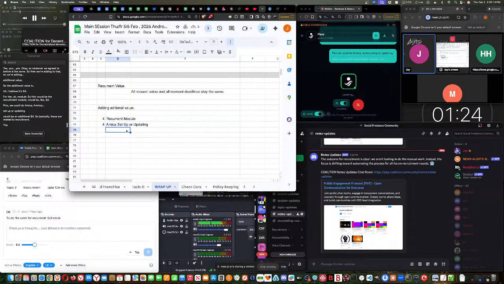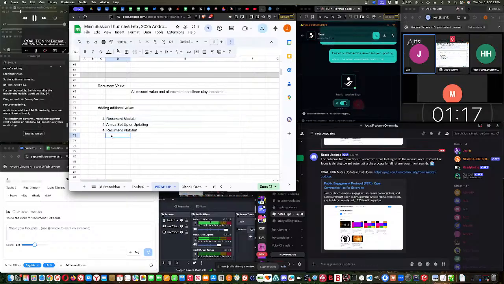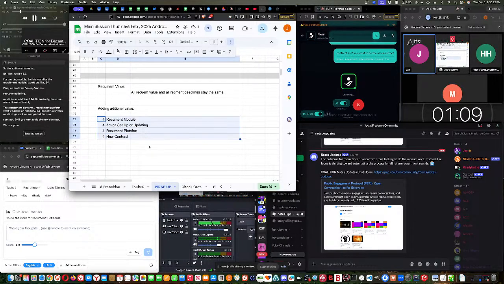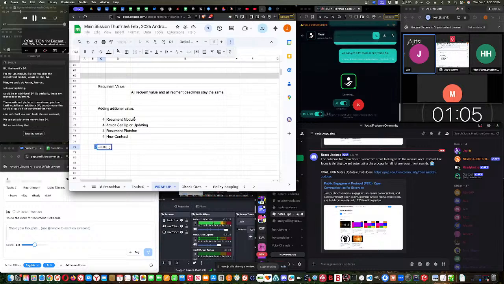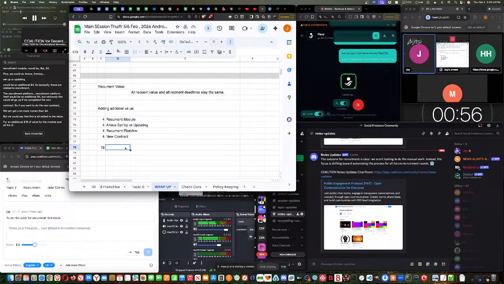The recruitment platform itself would be an additional $4, but obviously this would all go up if we completed the new contract. So if we want to do the new contract, we can get a lot more money than $4. But we could say that this is all added to the value for an additional $16 of value for the module and all the AI scheduling.